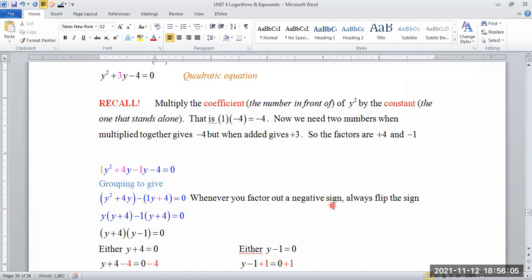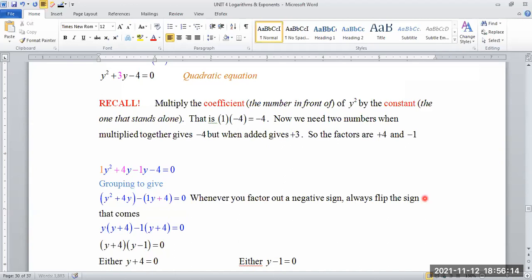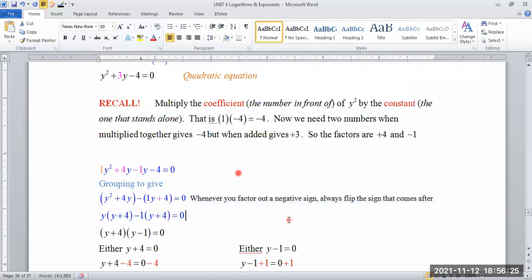Whenever you factor out a negative sign, always flip the sign that comes after. So I'm factoring out a negative sign. See it here? I'm flipping this sign. It was negative up here, and it now becomes positive. Whatsoever sign is in this bracket has to be the same sign in the other bracket.